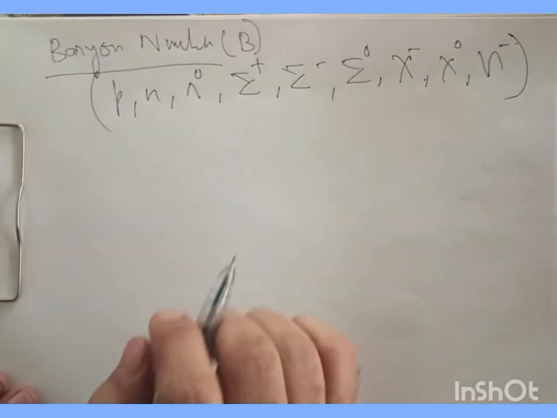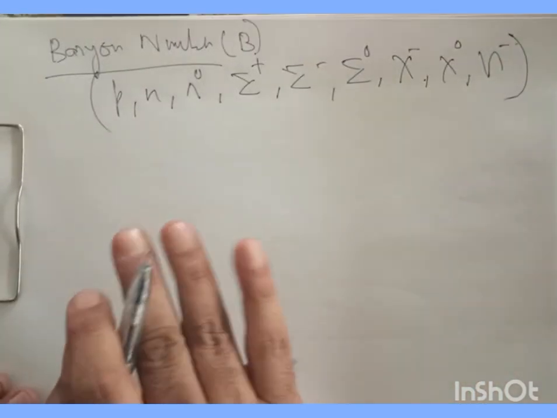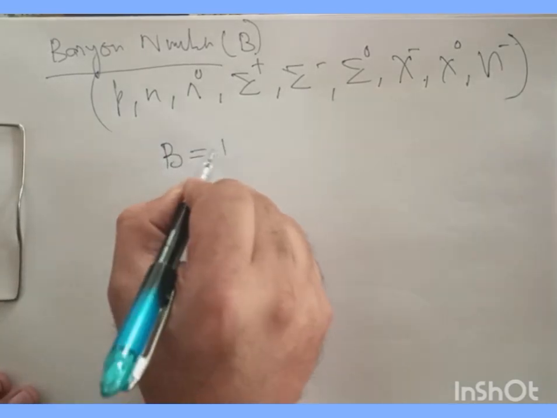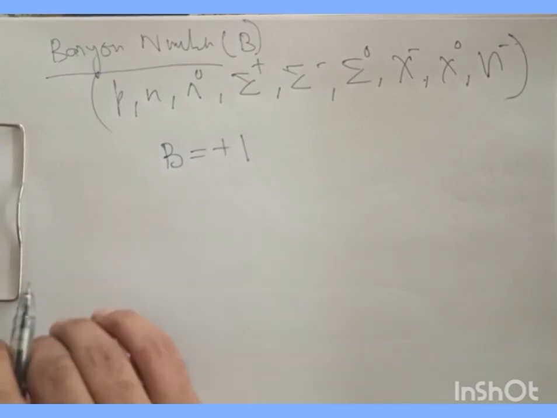And what I am going to say here is that all of these baryons have a baryon number B, and this B is equal to +1 for all of these baryons.